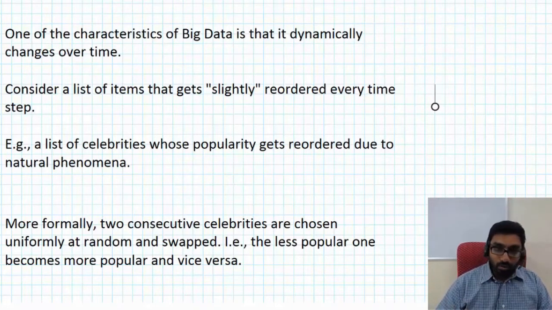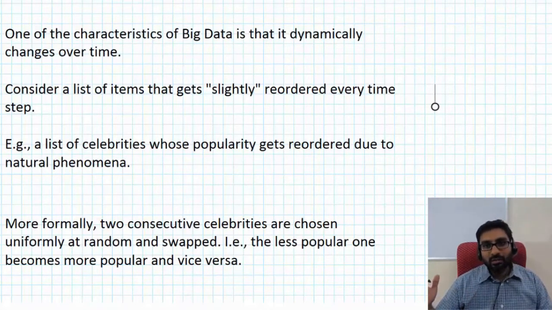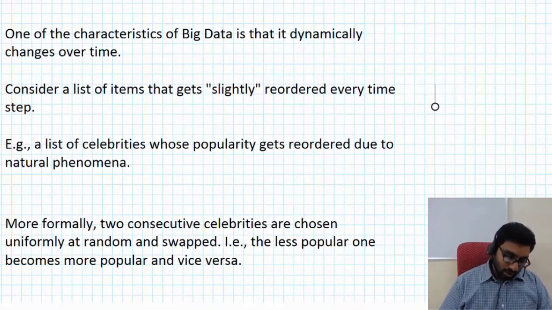Number 1 is the most popular celebrity, number 2 is the second most popular, and so on. And this list is not static. At any point in time such a list exists, but obviously the list way back in, say, 1950 is going to be very different from the list that we have in 2016. So the list keeps changing over time.